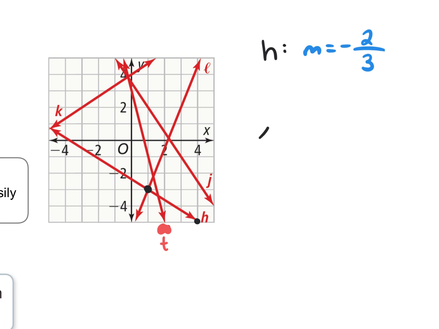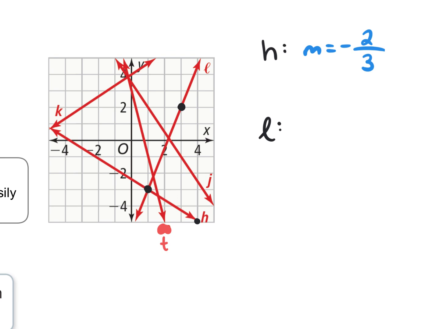Now we want to do the same thing for L. If it is perpendicular, what would our slope for L have to be? 3/2. Positive 3/2. Right now, is L positive? Yes, okay, so I'm going to use this perfect point again since it's on L, and I'm going to find another one, which is here. What is my rise? It is 5, because we're going over.